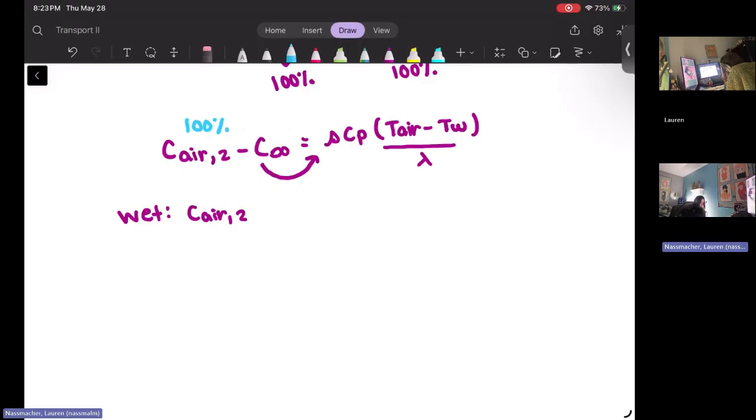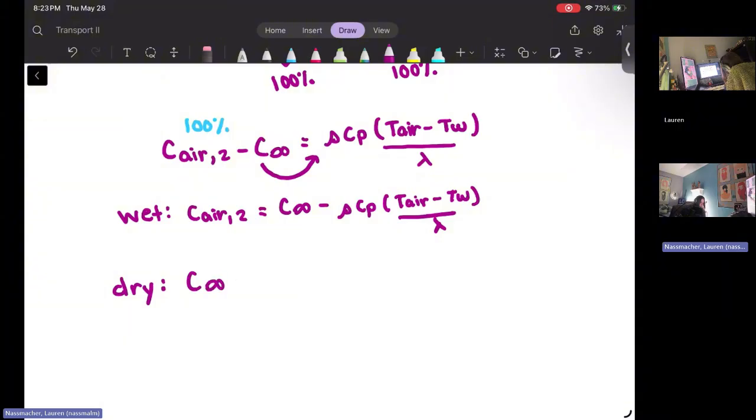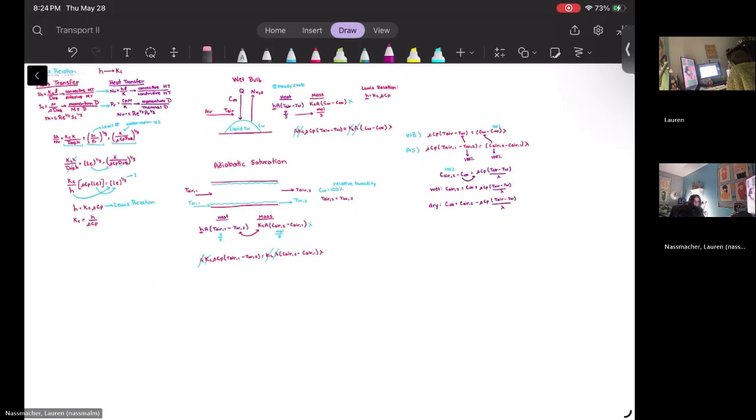So for our wet bulb, we'll have concentration of our air minus density, heat capacity, temperature of the air minus temperature of the water divided by lambda. And it's just the opposite for dry. Our variable is concentration infinity, which is the concentration of our air minus our density, heat capacity, temperature of the air divided by lambda. And there we go.